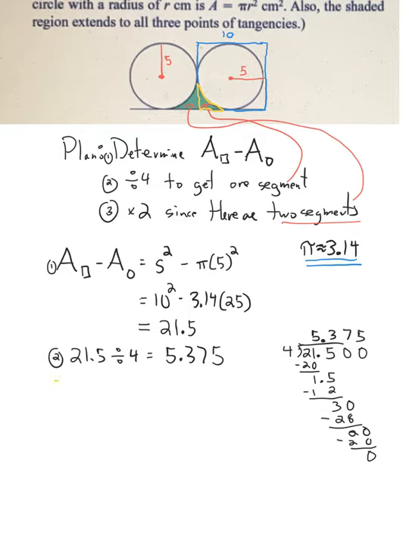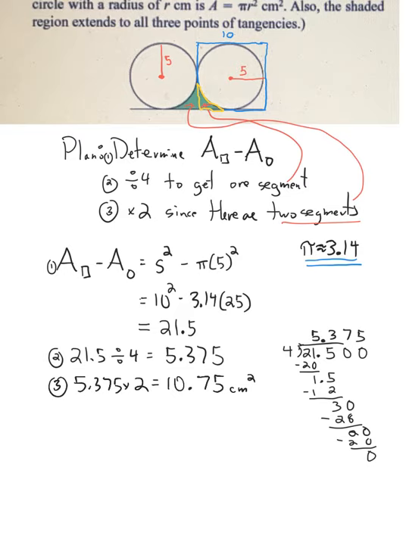And now let's multiply it by 2. So 5.375 times 2, and you can check, you're going to get 10.75 centimeters squared.